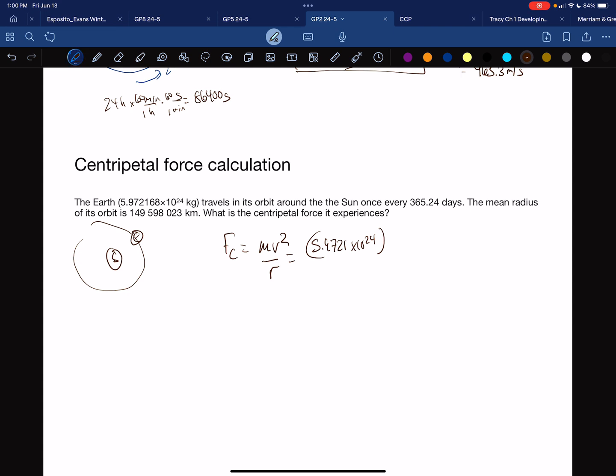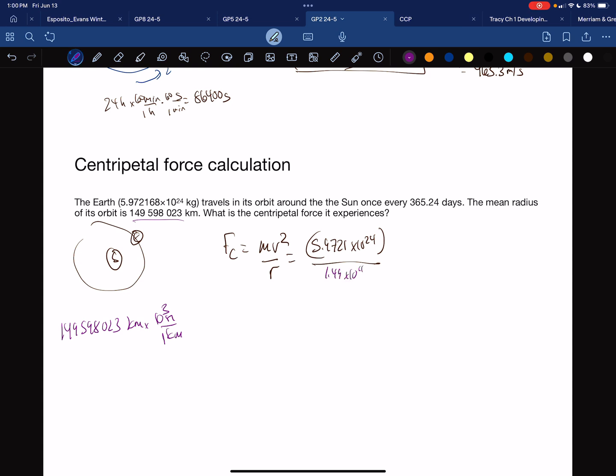We need the radius of the orbit, and we have values in kilometers, so we'll have to do some math on that. 149,598,023 kilometers, times kilometers on the bottom, meters on top. 1 kilometer is 10 to the third. And that works out to be 1.49 times 10 to the 11th meters.